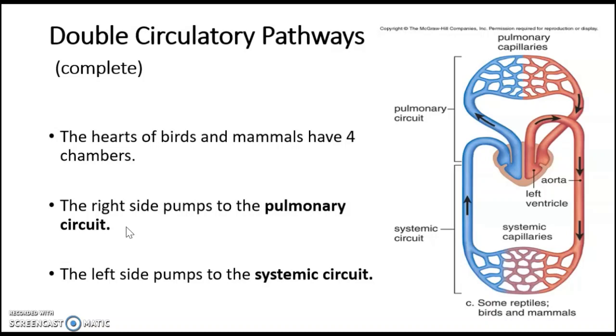After picking up oxygen, the blood travels back to the heart through the pulmonary vein, into the left atrium, to the left ventricle, and out to the body's tissue through the aorta. In other words, the blood actually travels into the heart twice to complete a circulation.